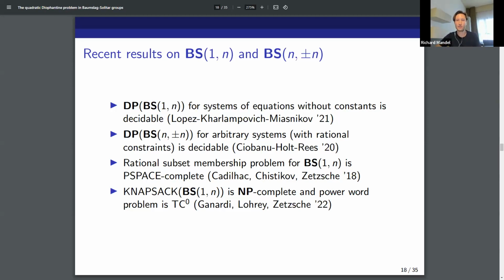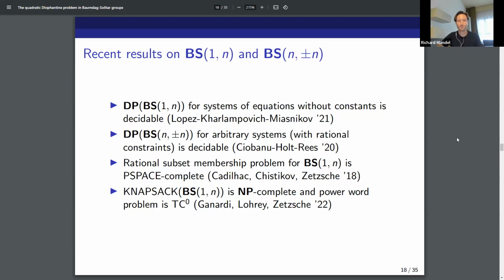And in fact, their result applies to a very large class of groups, which includes BS(n,n), and they proved it for any group which is virtually a direct product of hyperbolic groups. So it's a very sweeping result, and it includes the Diophantine problem for BS(n, plus or minus n).